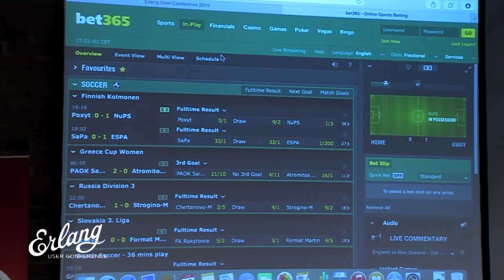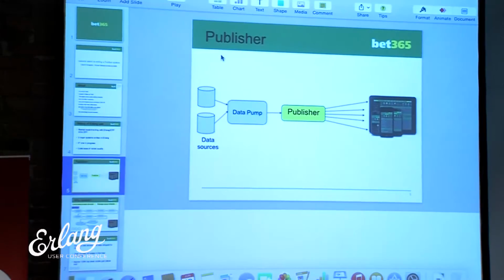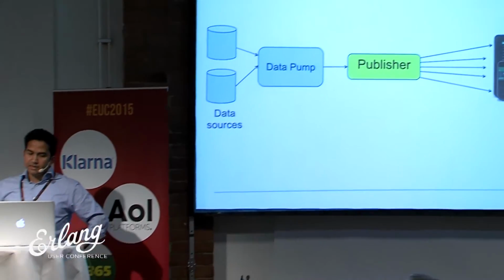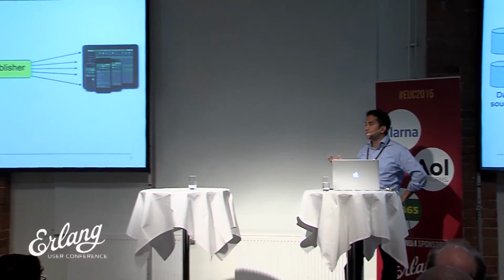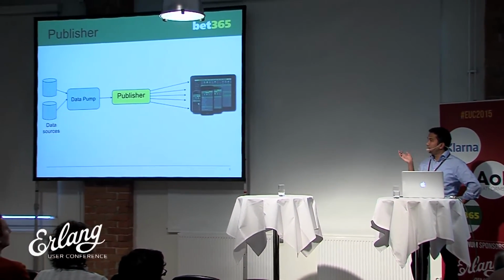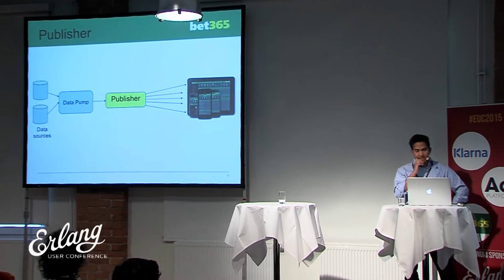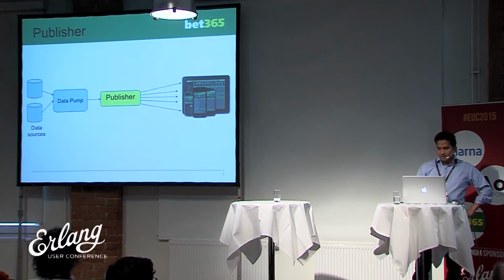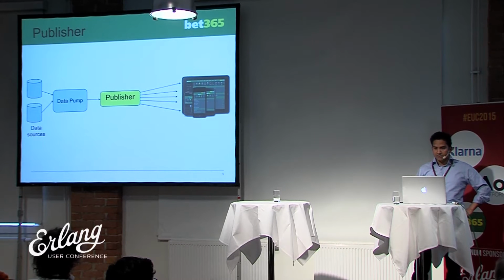Pretty much every change you see on this website is this change being broadcast to every connected client in real time. With about 2 million customers concurrently connected at peak times, there's a lot of traffic going out. And that's what the publisher handles.